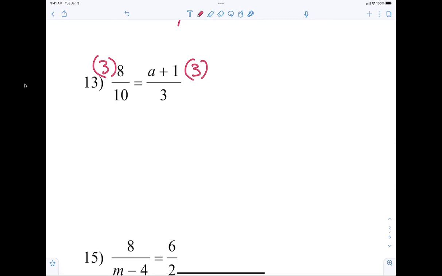That's what I'm trying to teach you. I'm trying to get a plus 1 by itself. So I just multiplied both sides by 3.